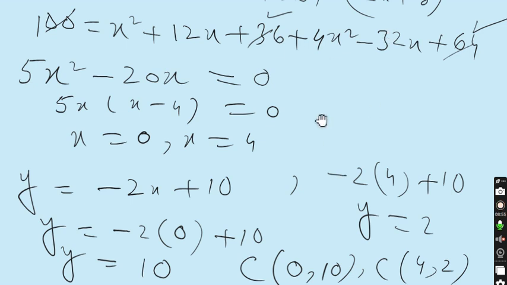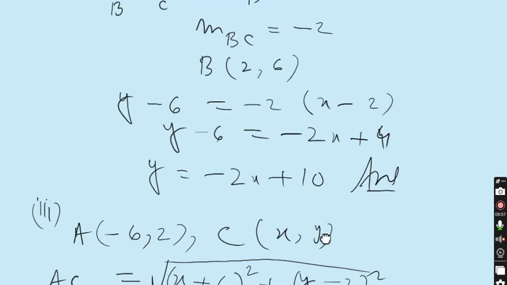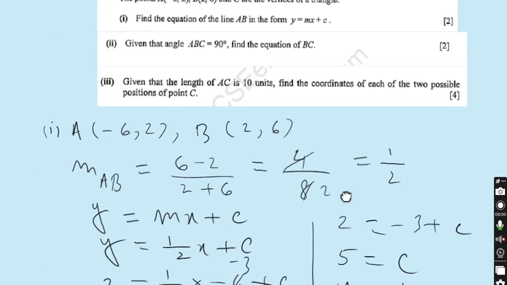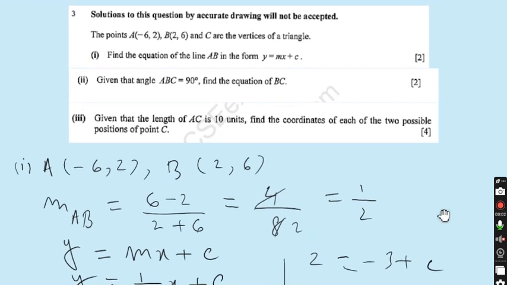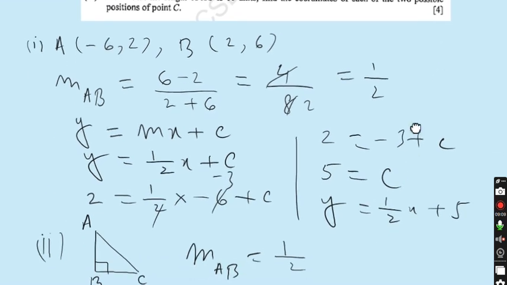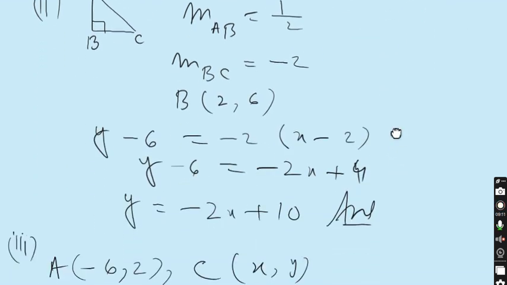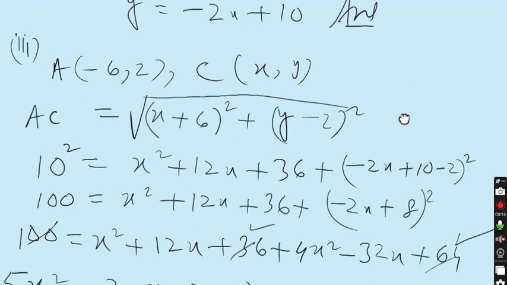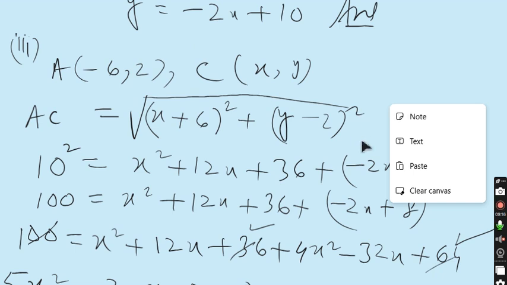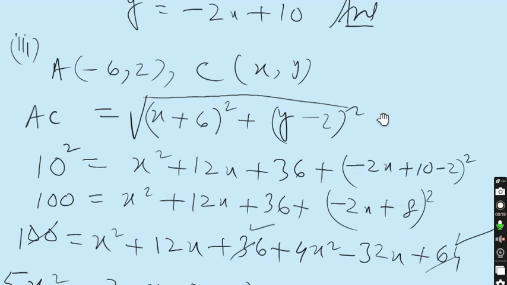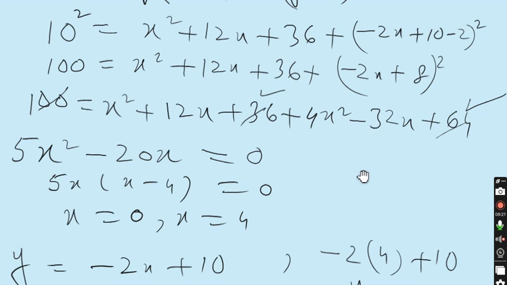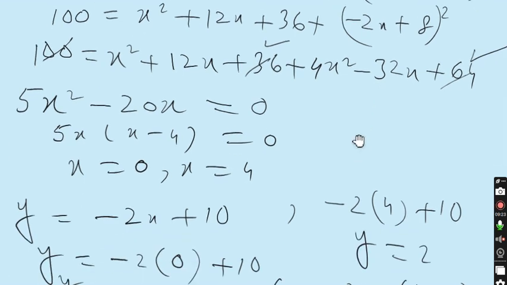Hope you understand the entire question number 3. Part 3 was very interesting. Given that the length of AC is 10 units, find the coordinates of each of the two possible positions of point C. So first we use the distance formula, then put the equation of BC in the distance formula, and then make the quadratic equation, solve it to get two values of x, and put these two values of x in the equation of BC to get the value of y.